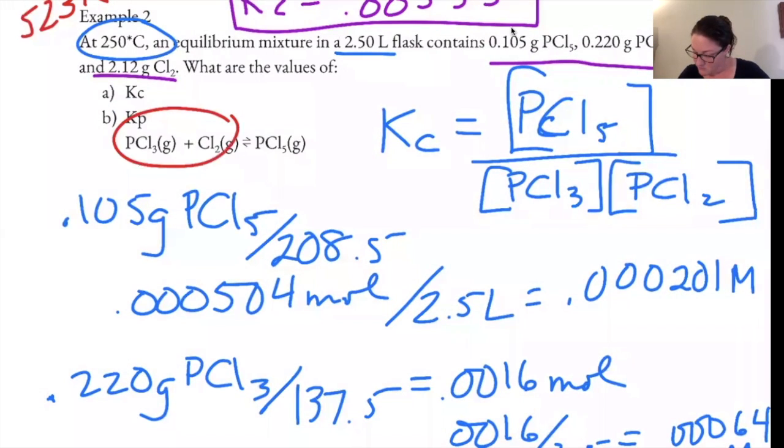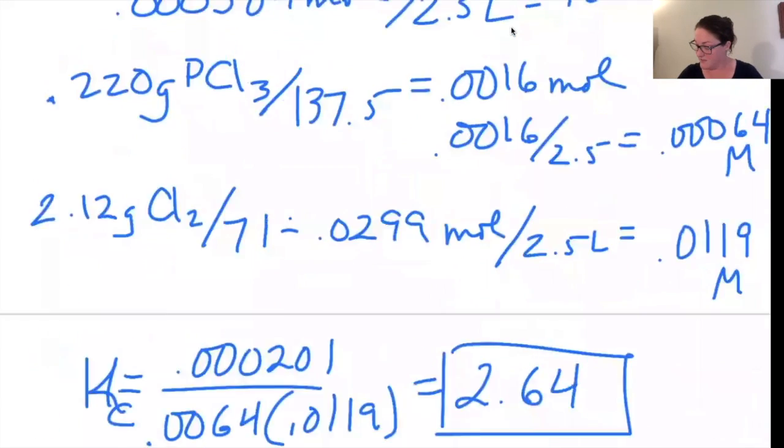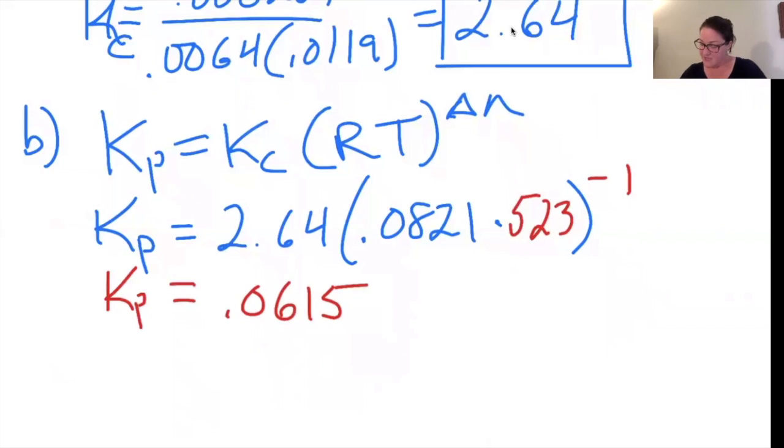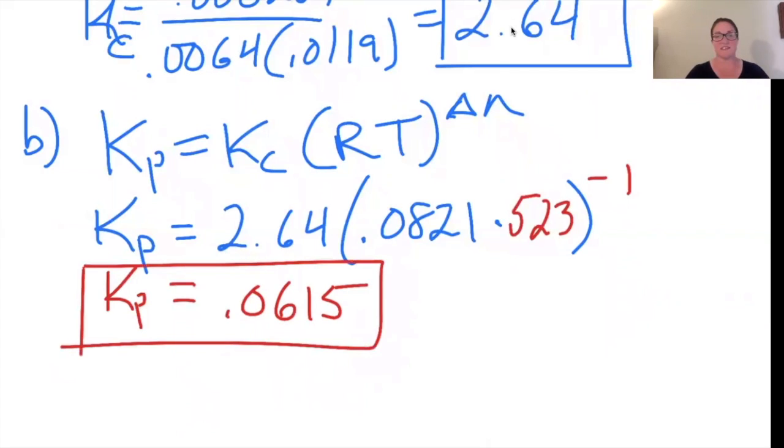We have 2 moles of gas on the left, 1 mole of gas on the right. 2 to 1 is a -1. So 2.64 times the quantity 0.0821 times 523 to the -1 power gives me a Kp equal to 0.0615.